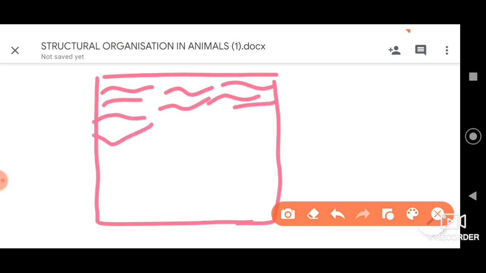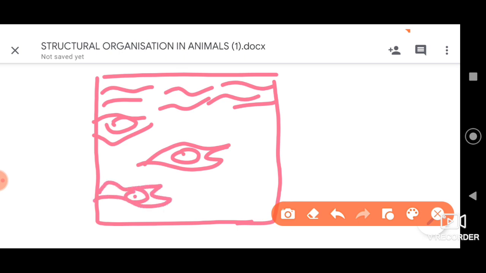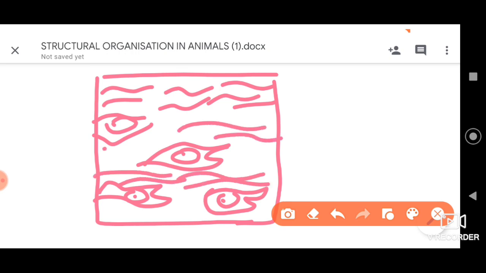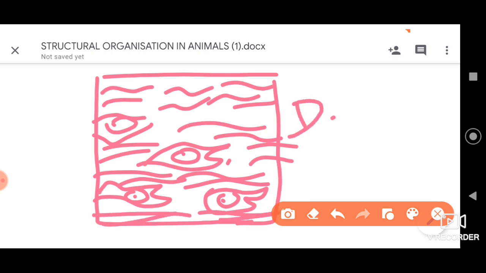So here we can find the fibroblasts distributed in the parallel rows of collagen fibers, as you can find here. Alright. So this is what we call dense regular connective tissues.